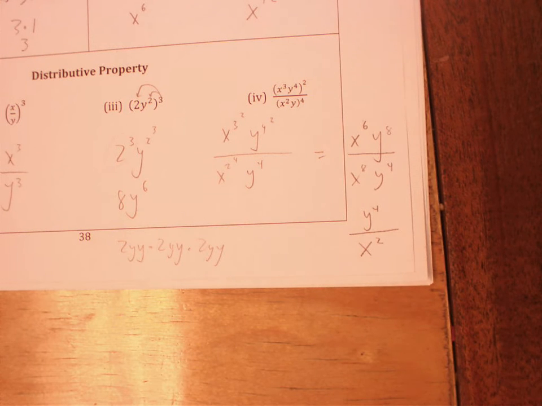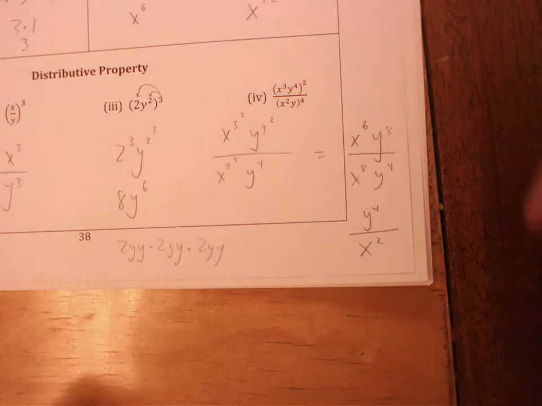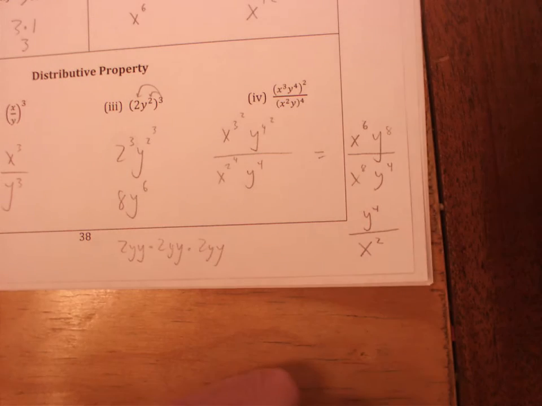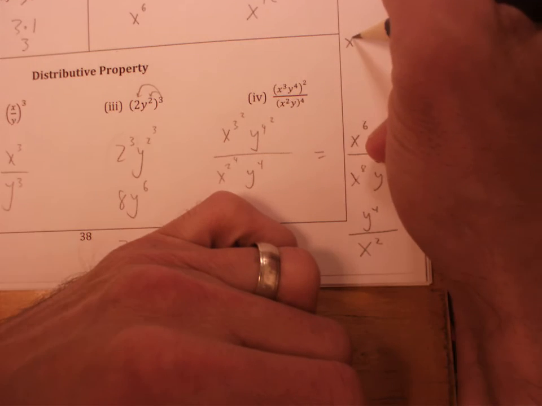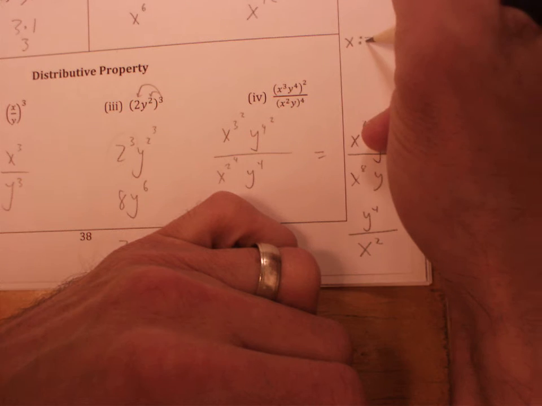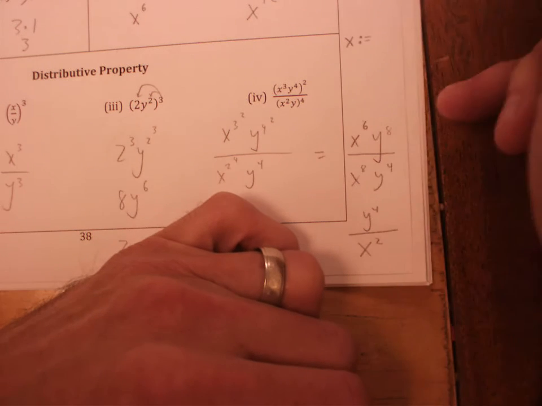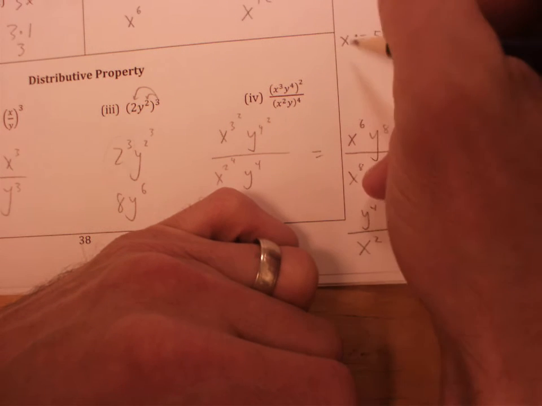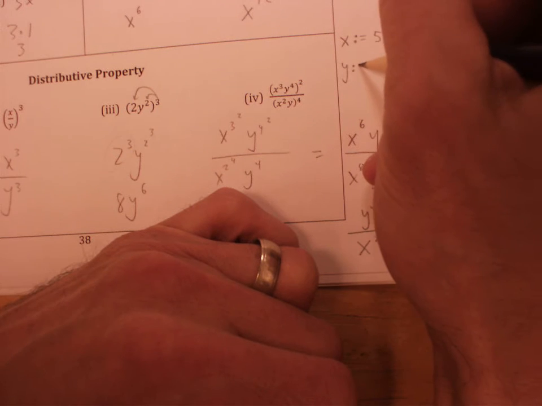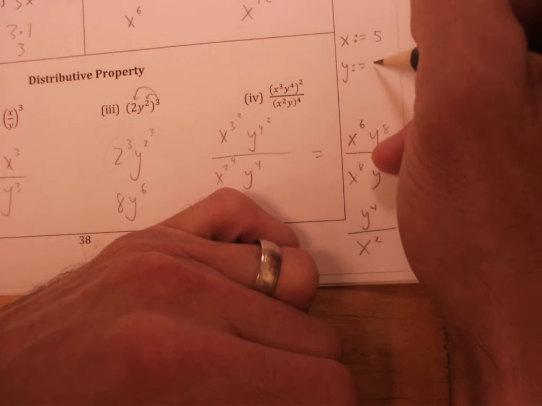If you were really unsure, like you didn't know, what you could do in your graphing calculator is you could give them initial values. You could say something like x, there's a button that looks like this. It's a colon followed by an equal sign, and give it a number, like 5. And then do the same thing for y and call it like, I don't know what, 11 or something.